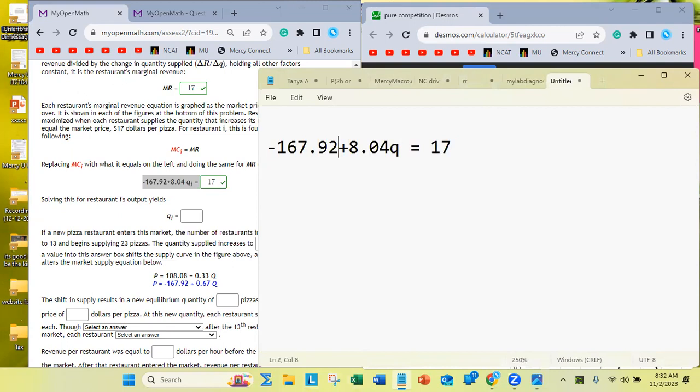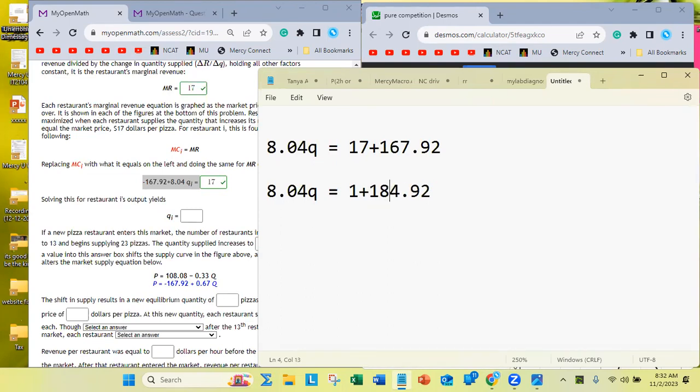Now to solve this for q, I've got to add this quantity to both sides. When I add that quantity to both sides, negative plus the positive is 0. That becomes 0 there. And 0 plus 8.04q is 8.04q. Now I've got to add it to this side too. So what is the right side equal to? Well, this becomes a 4, and then this becomes a 7.